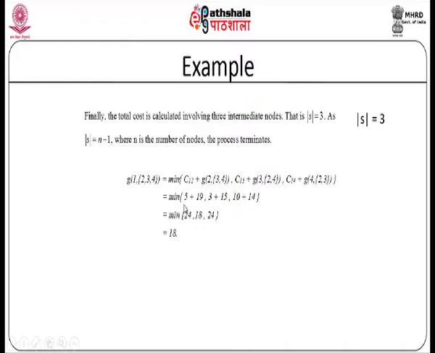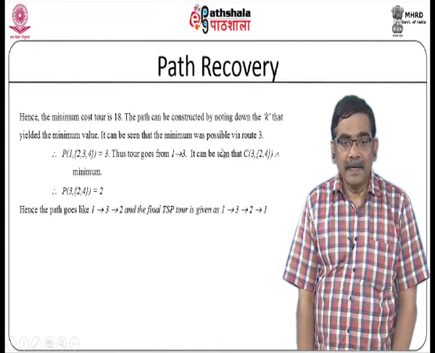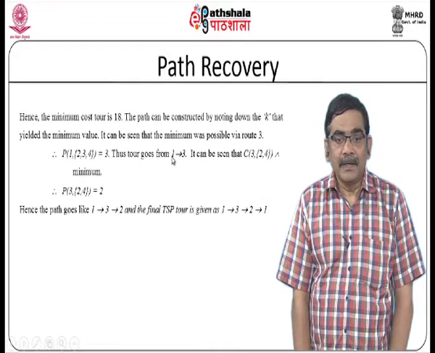So, that means now you can see very well the minimum is obtained from traveling from C13 and then g of 3 comma 2 comma 4.